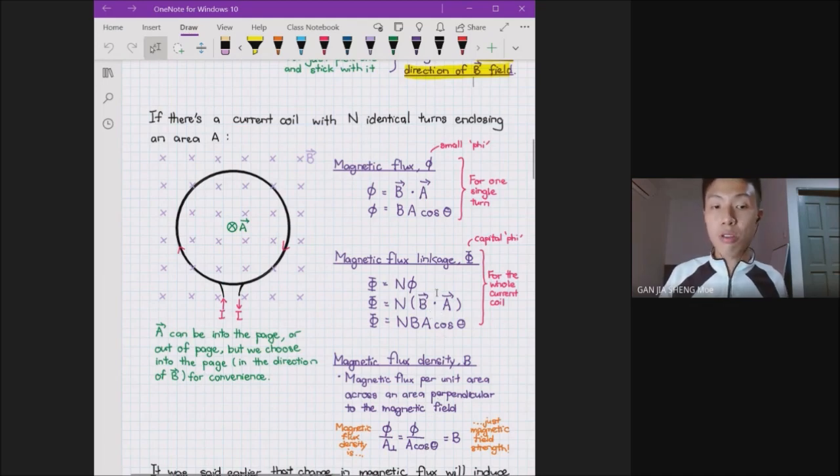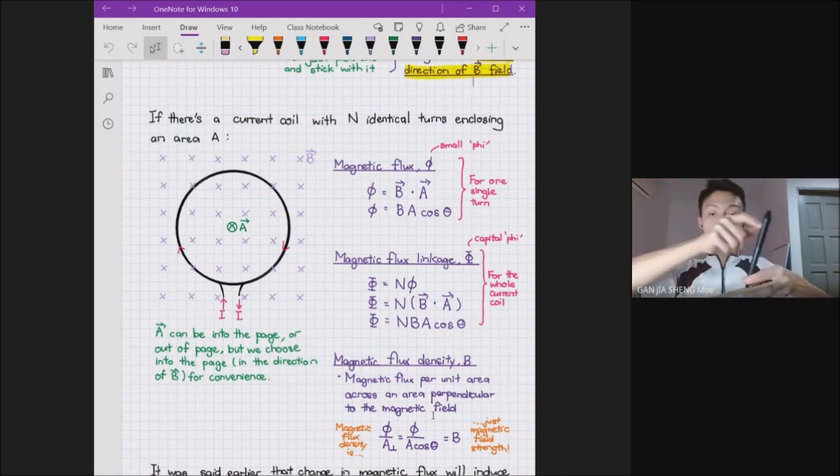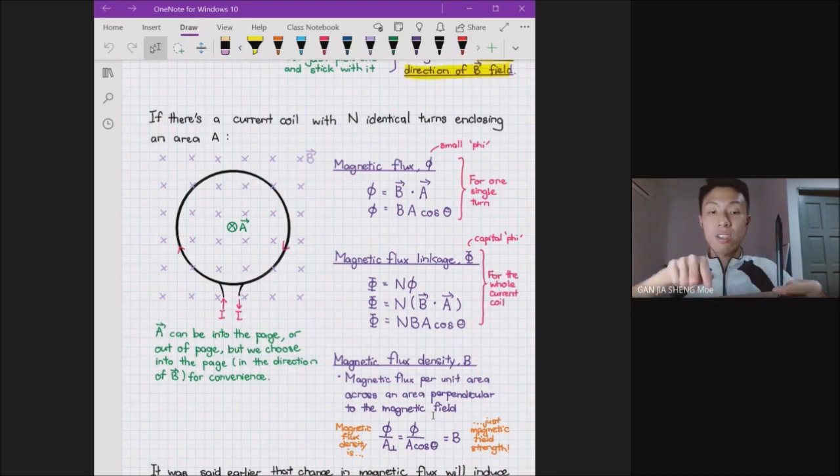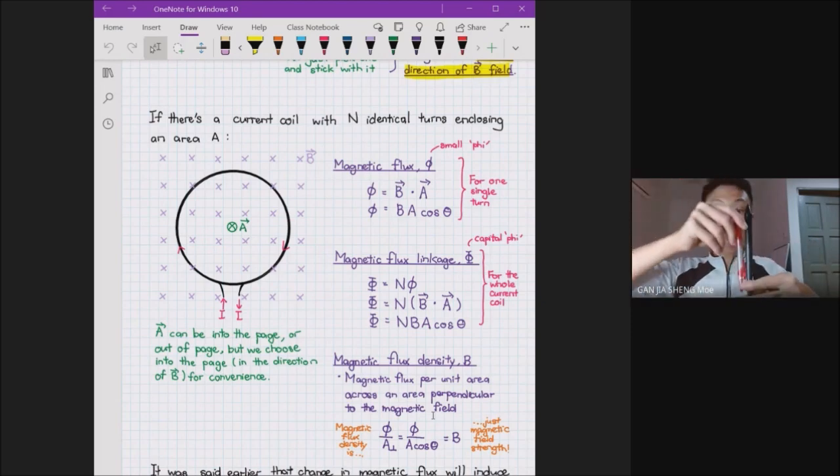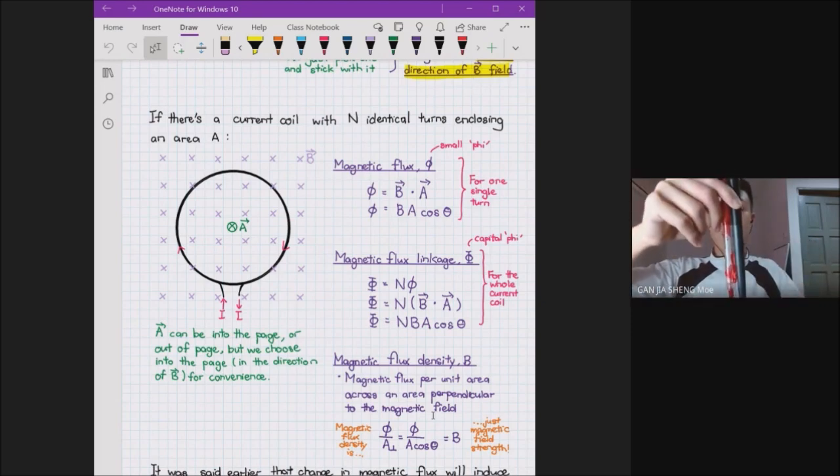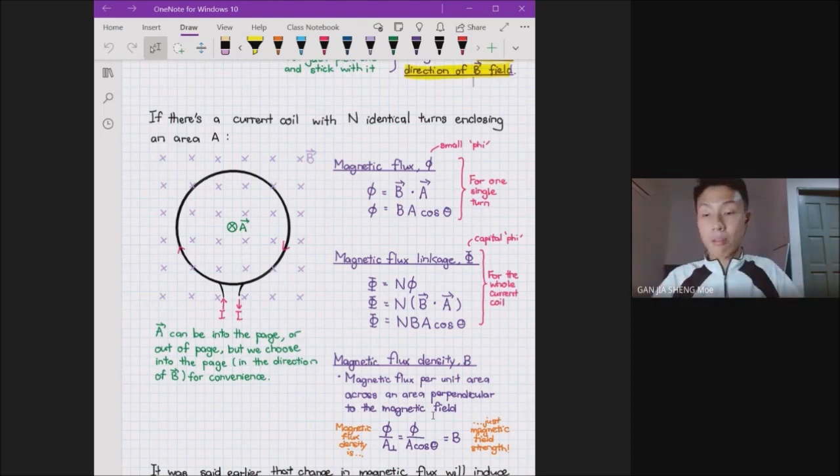It's not the angle between the magnetic field and the plane of the area, which is indeed 90 degrees. If you want to find the area perpendicular using the plane, you would do sine 90 degrees. But this theta represents the angle between the area vector and the magnetic field, not the plane, so you have to be more careful.